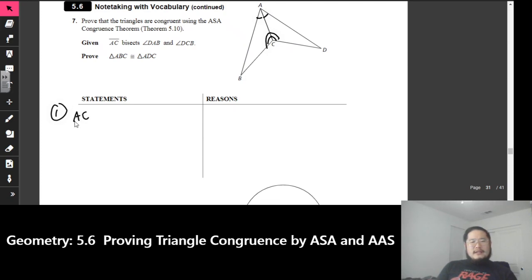So we have AC bisects angle DAB and angle DCB. That's given. Let's put right here statement 2. Well, if I look, I've got two angles, and we have angle, angle, side.